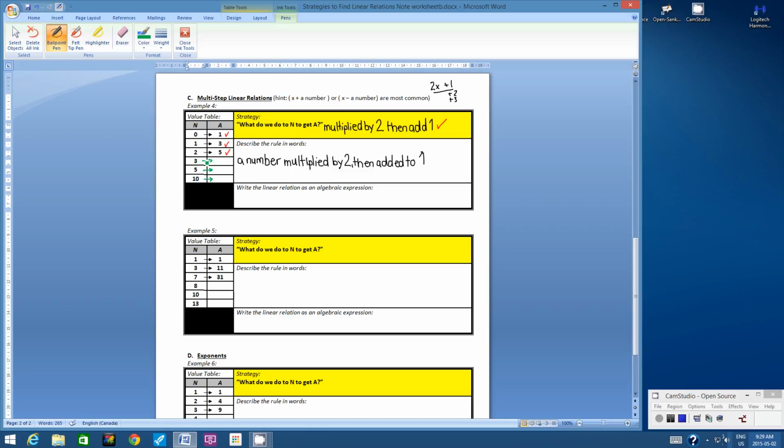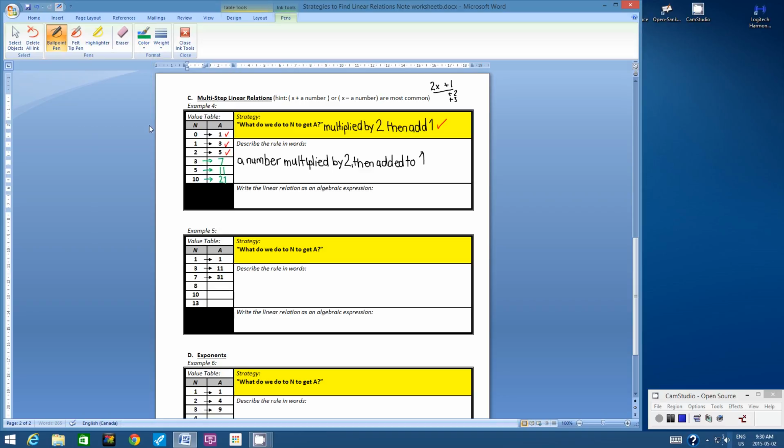I'm hoping you can do most of these with mental math. Hopefully you got these three a values: 7, 11, and 21. And hopefully I didn't make a mistake this time.